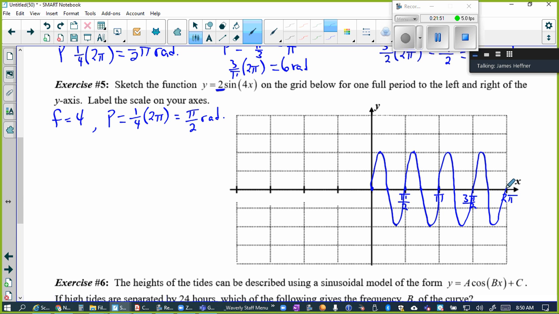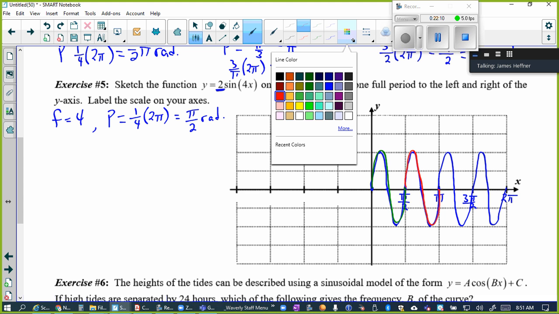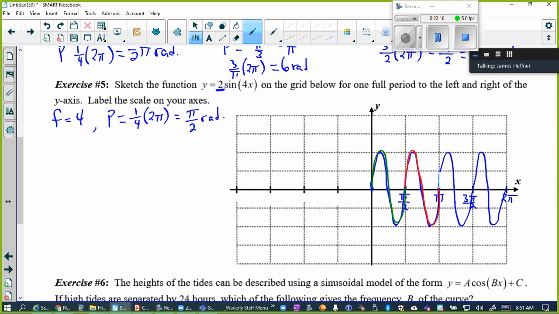So the frequency happens 4 times. Let's count it here. Here is our first cycle. Here's our second cycle. There's 2 so far in 2 pi. Let me use a different color here. And here's our third cycle.